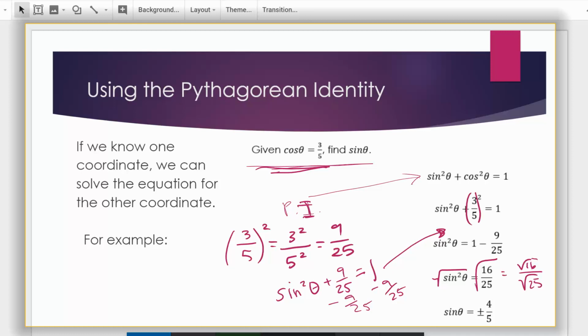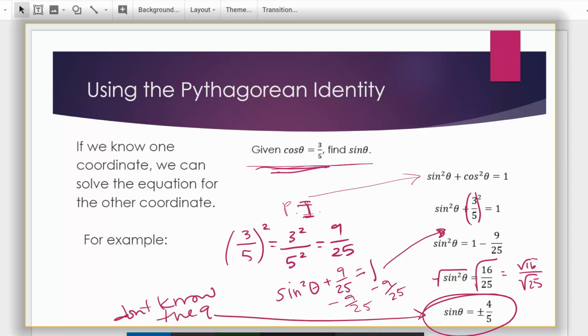Remember, when you take the square root, you get a plus and a minus. So this is your answer when you don't know the quadrant you are in. If you don't know what quadrant you're in, this is just your answer.